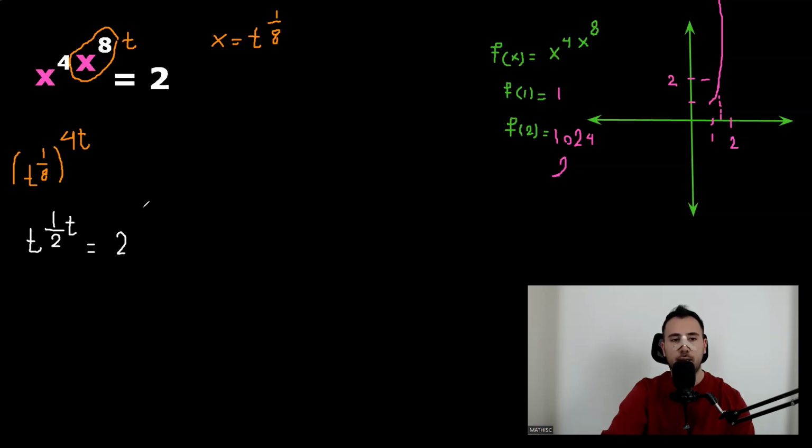I can write this as 2 to the power of 1, right? Because it's going to be 2 again. Now let's compare this. Can you guess what is the value of t? If t is 2, then half of t would be 1, which is going to be the right-hand side. So for that reason, t will be 2.